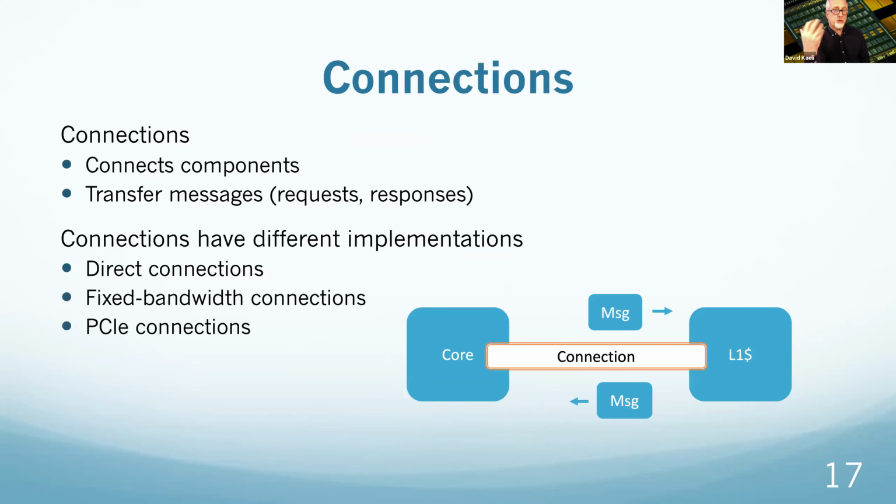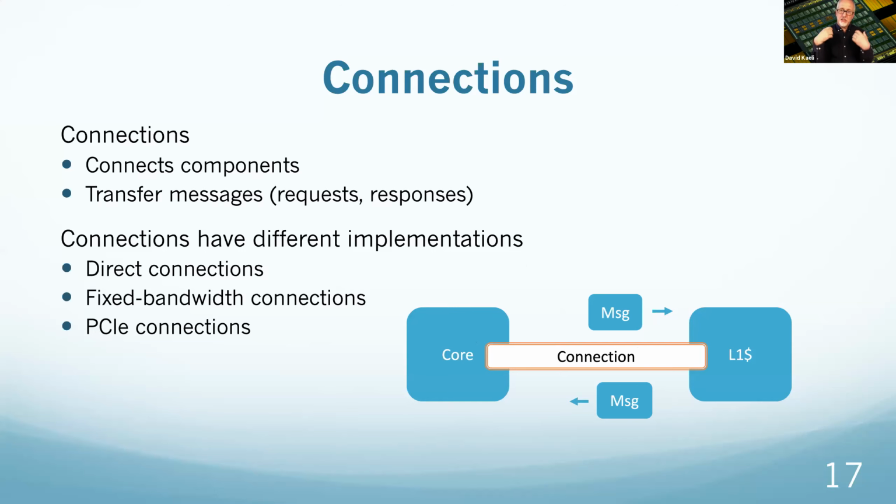To affect that protocol, we use connections. Connections connect components. So here I'll connect the core and the L1, and I'll send messages in each direction. We transfer messages, just as we would in a well software-engineered design: each encapsulated component has an interface, and we provide messages through that interface.